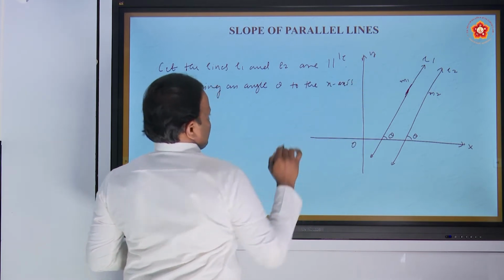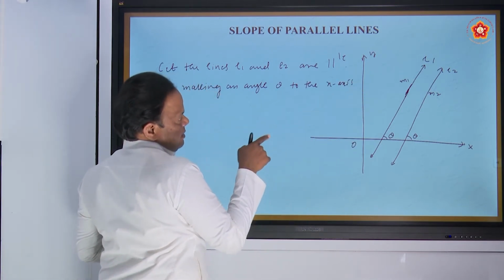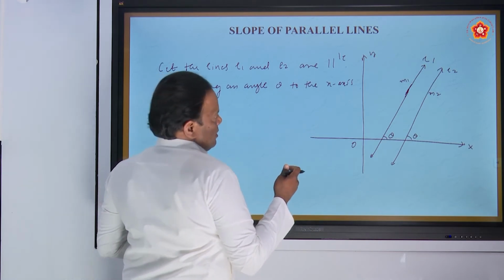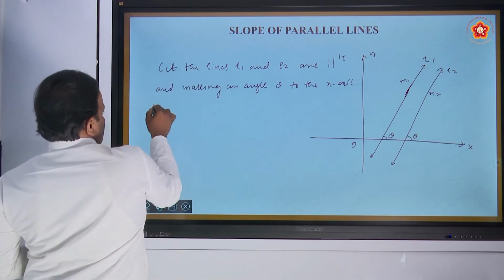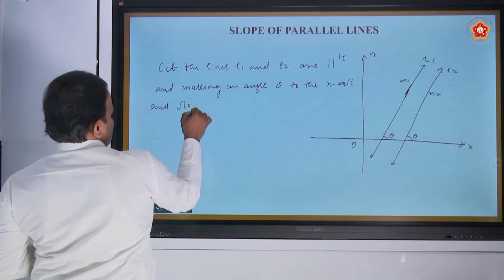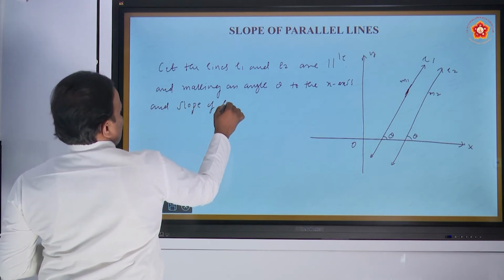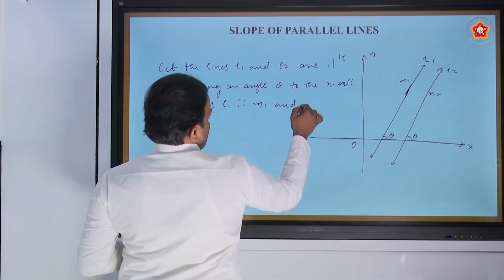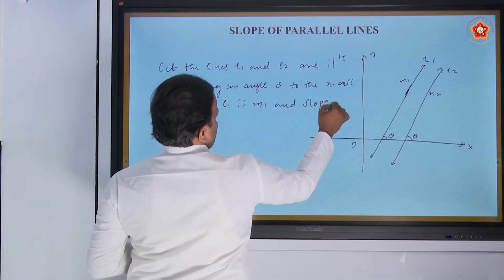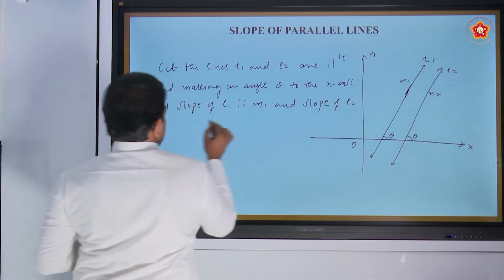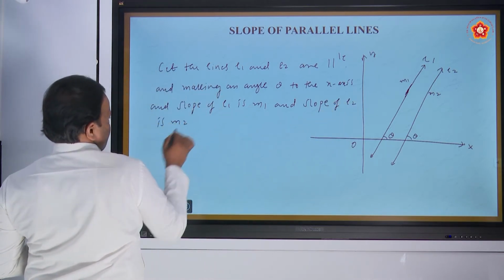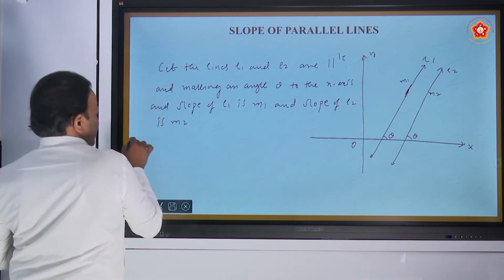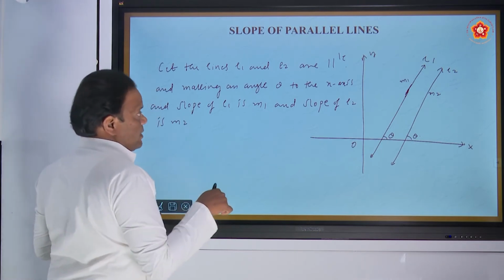This is the positive direction of the axis. If L1 is theta, L2 is also theta because the two lines are parallel. And the slope of L1 is say M1 and the slope of L2 is say M2. We know from the previous session, how can you find the slope if theta is given?